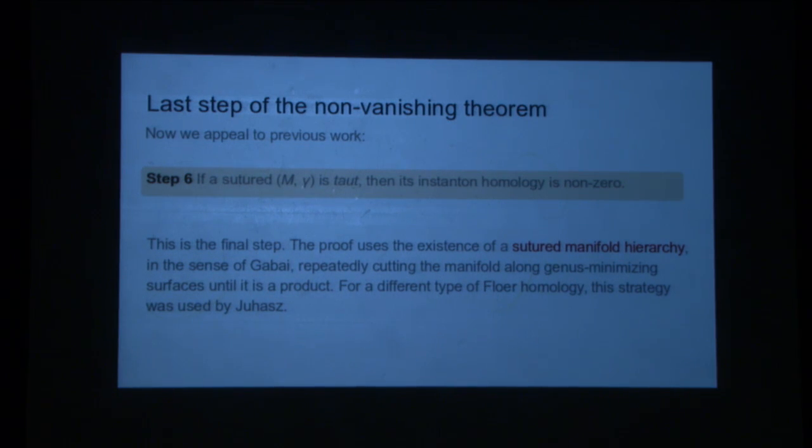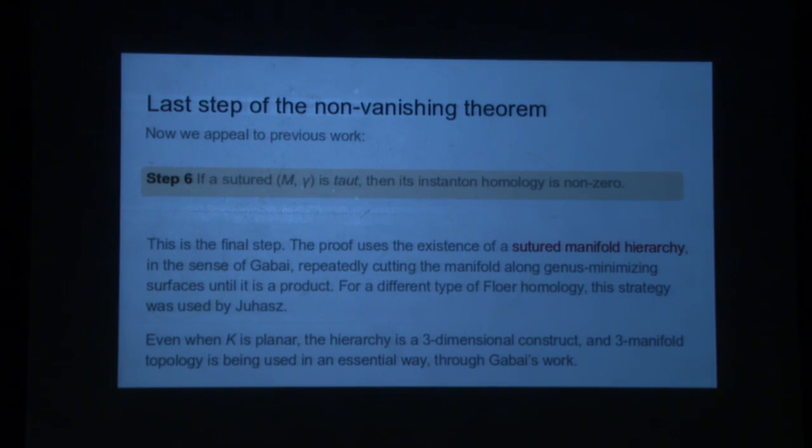A sutured manifold hierarchy is a sequence of cuttings, starting with a three-manifold with boundary, repeatedly cutting along genus-minimizing surfaces, trying to reduce, in a rather subtle way, the complexity of the sutured manifold until eventually the sutured manifold is a product manifold, surface times an interval. The proof of the non-vanishing theorem is to say that the trivial product has non-trivial homology, and then you just follow it back up the sutured manifold hierarchy to get the non-vanishing theorem for the original sutured manifold.